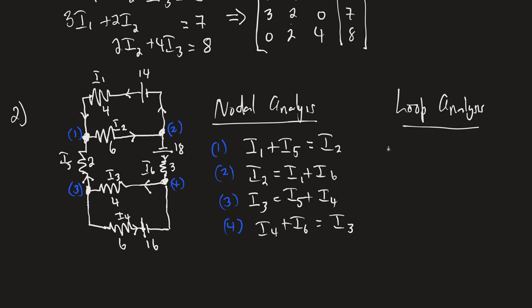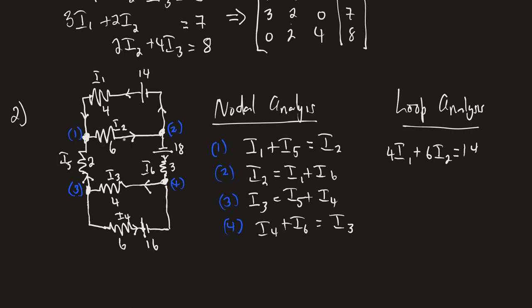We'll have 4i1 plus 6i2. That's equal to 14. Right? So again, the sum of the products of our resistance and the unknown currents is equal to your total voltage. So right there. Now let's look in the middle.